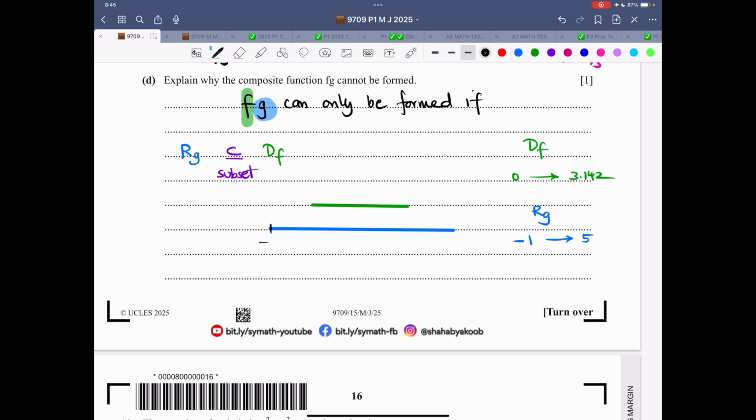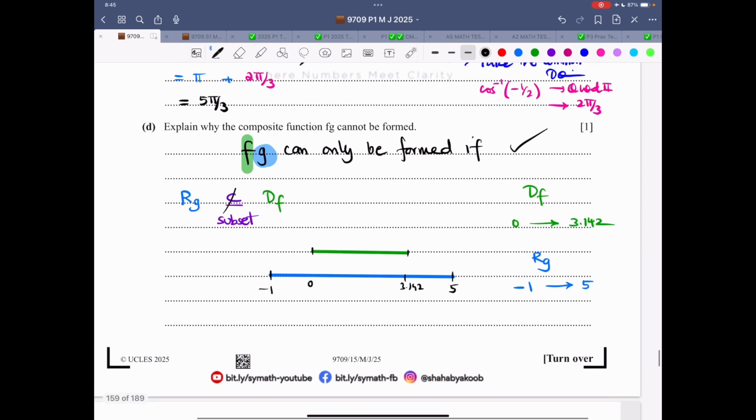Let's say this is negative 1, this is 5, let's say this is 0, and this is 3.142. So now between negative 1 and 5 is not a subset of this, therefore the composite function cannot be formed. Since this condition is not fulfilled, the composite function cannot be formed. Yes, it's only for 1 mark, but this logic is the only logic that you need.